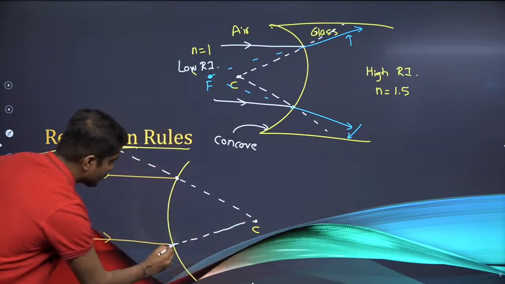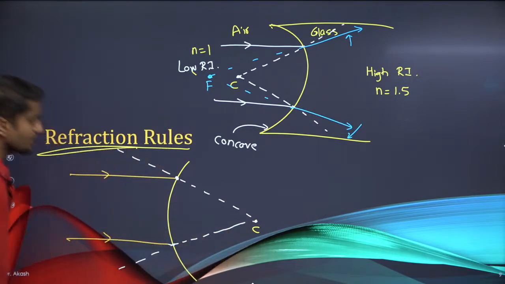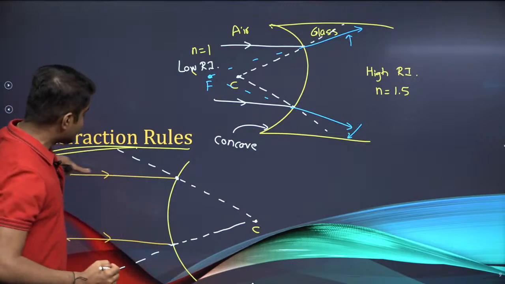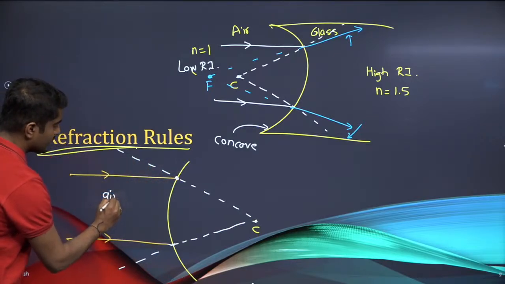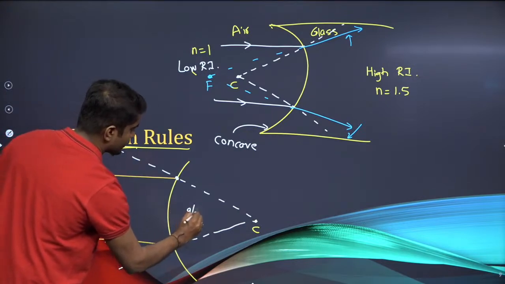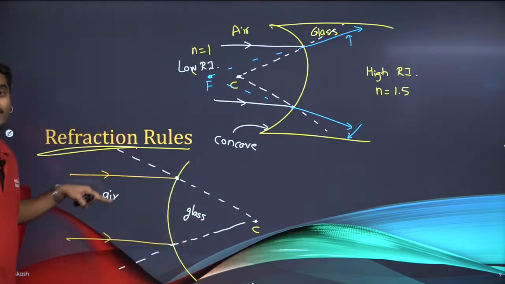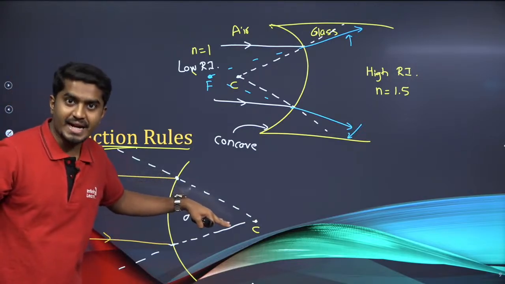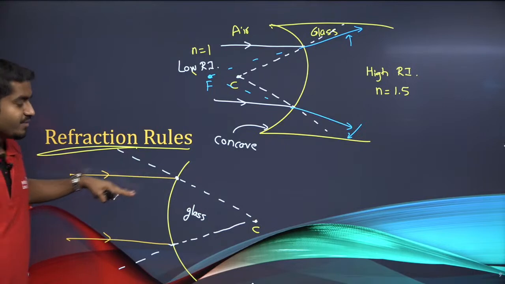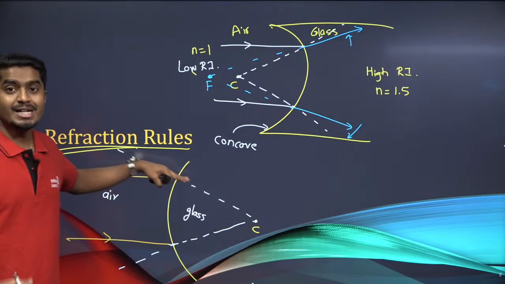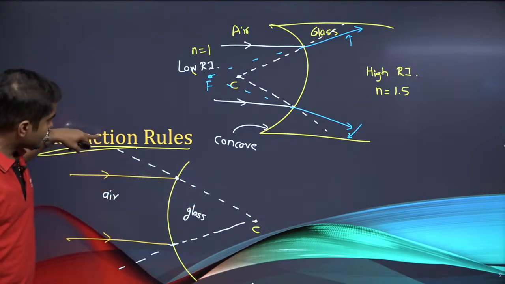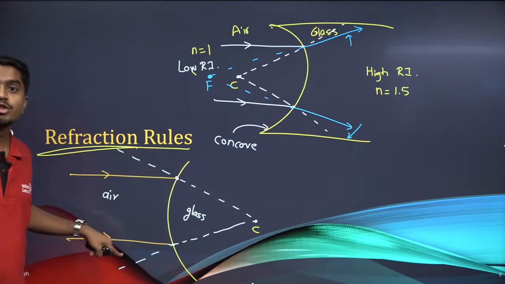So this is the normal. Can you see? Now what will happen? This is the direction of the incident ray. It is going from air to glass, that means low refractive index to high refractive index. It will bend again towards the normal. These dotted lines are normals.